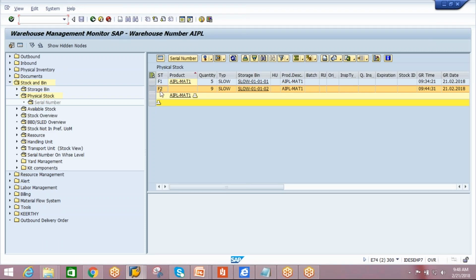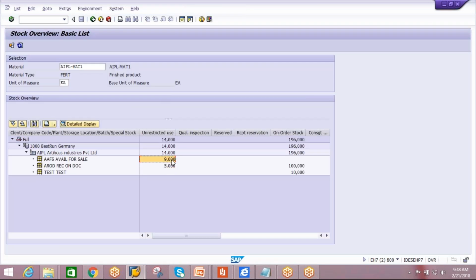Once it is turned into F2, it shows 9 in the available for sale storage location. Means according to our EWM stock types, the stock update is happening between the storage locations in the ECC system.